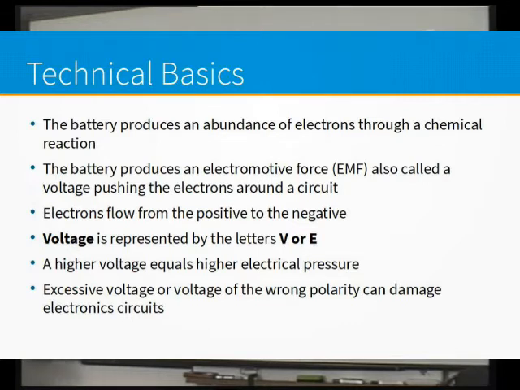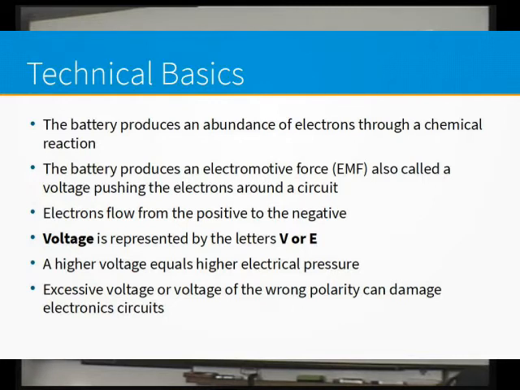We call it a voltage. So a voltage is that electromotive force that pushes those electrons round a circuit. So we've got current, which is the flow of electrons, and we've got voltage, which is the electromotive force to push those electrons around the circuit.